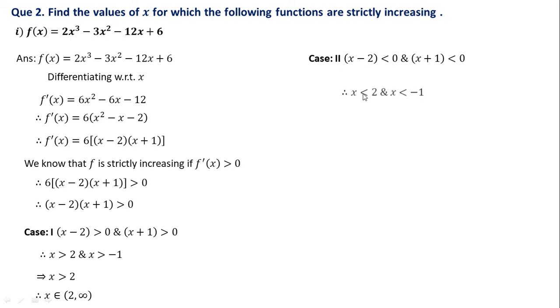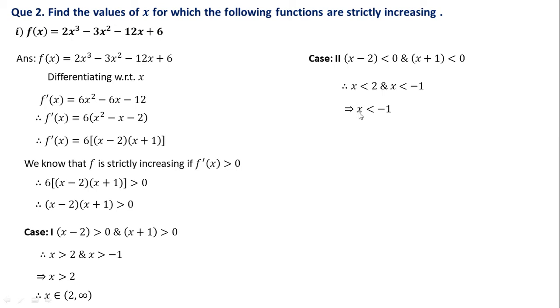Now by this, what do we get? x minus 2 less than 0 means x is less than 2, and x plus 1 less than 0 means x is less than minus 1. Now find all real numbers which are less than 2 as well as less than minus 1. The common condition between them is x less than minus 1, because all the real numbers which are less than minus 1 are automatically less than 2 also.